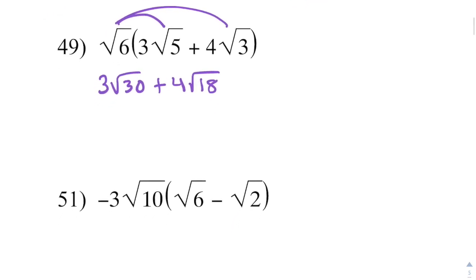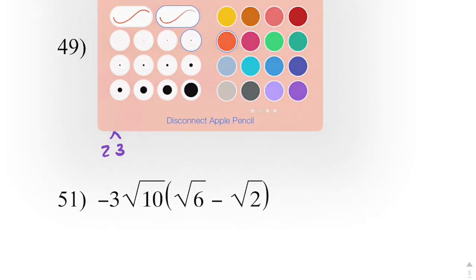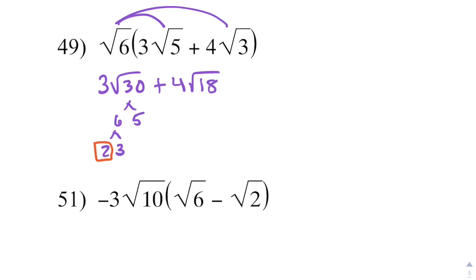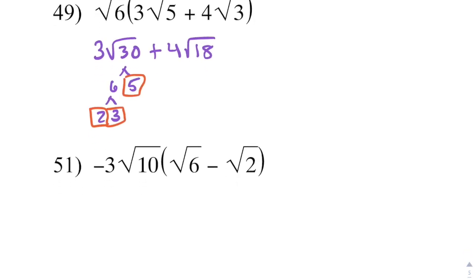But let's say we try to get them to be as simple as possible and then see if they combine. This is going to be 6 times 5, and this is going to be 2 times 3. So guess what? We have a 2, a 3, and a 5. These are all not going to work out. So the square root of 30 is going to stay the square root of 30.